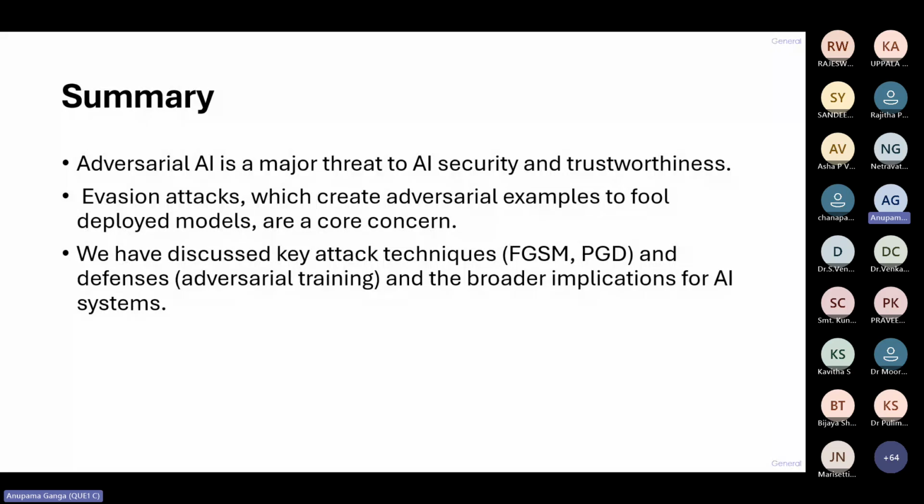But we also have to understand the risks are very real, because we might think that we are far off and we are not susceptible to these risks right now. But that's not the case, as you could see from the examples. So what we have to do is make our systems as robust as possible from our side. Okay.